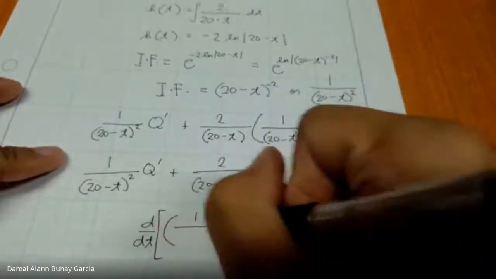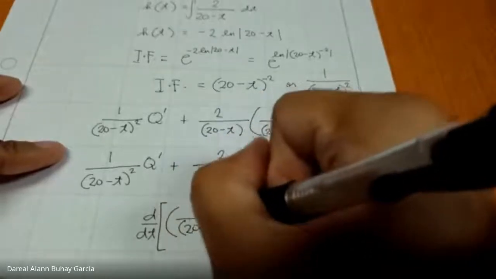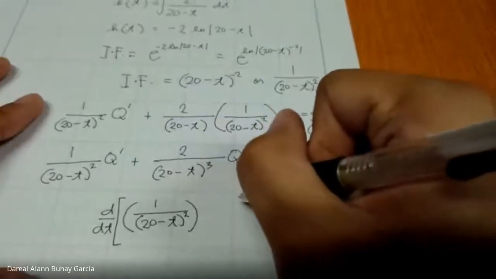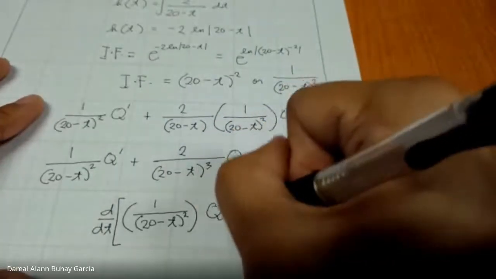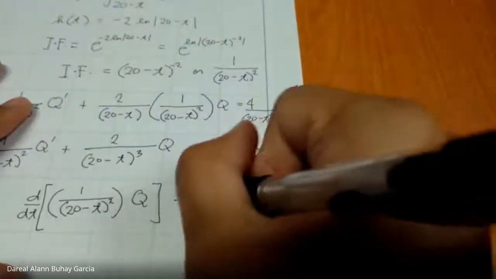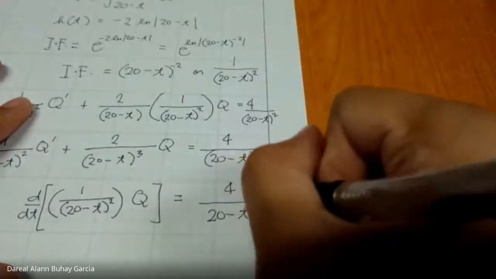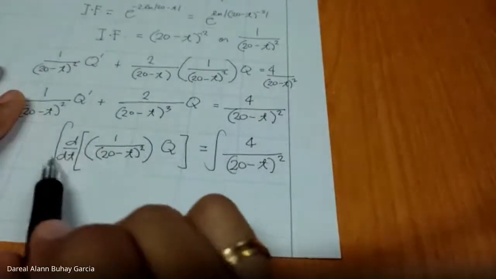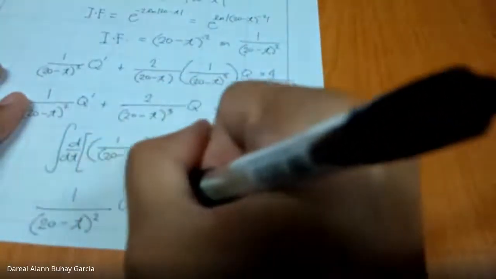1 over 20 minus t squared times q is equal to 4 over 20 minus t squared. Then, integrate. The derivative notation is the only thing that disappears. So this is just 1 over 20 minus t squared times q.